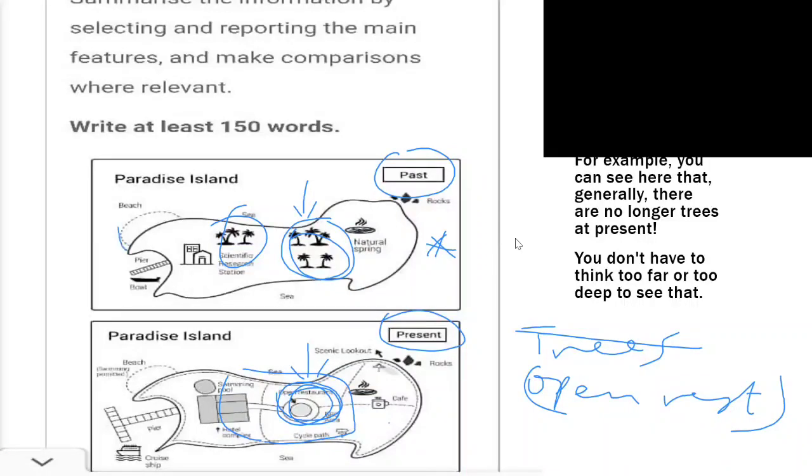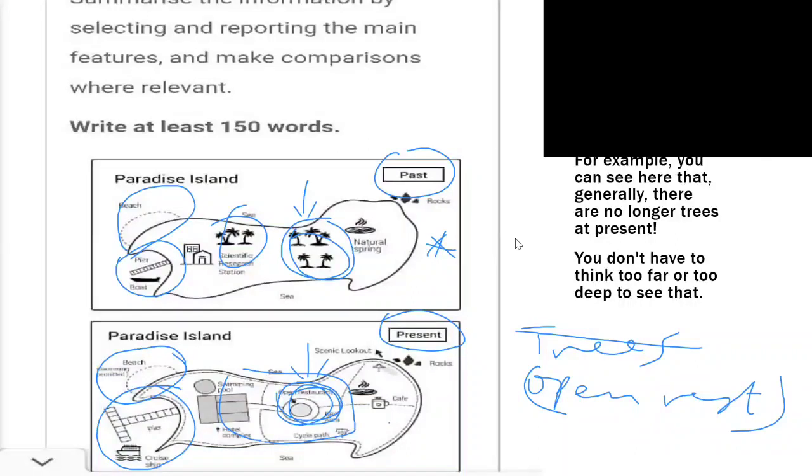the beach. Yeah, this is the beach. It looks like it has remained the same. It seems like it has remained in the same location. Nothing really changed to me. This pier side, it has maintained its position, but it's a little bit upgraded, because from boats they upgraded it to a cruise ship.